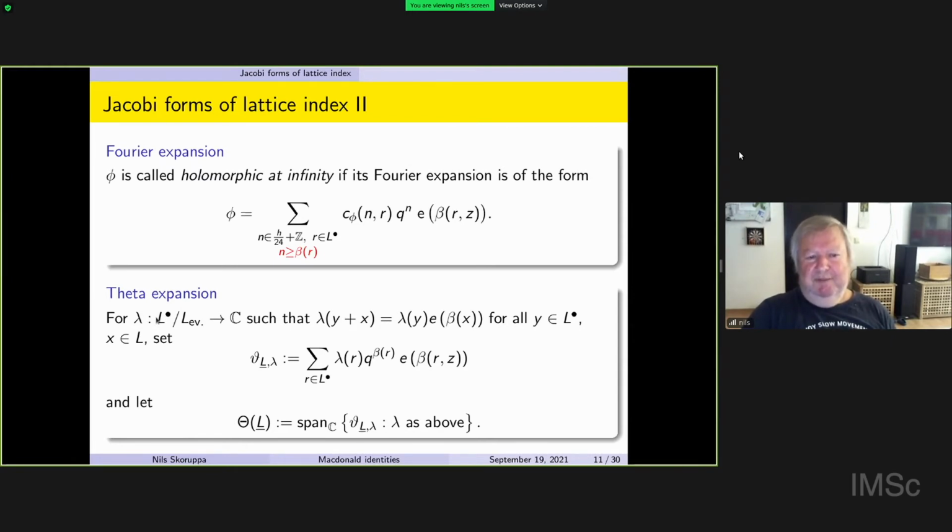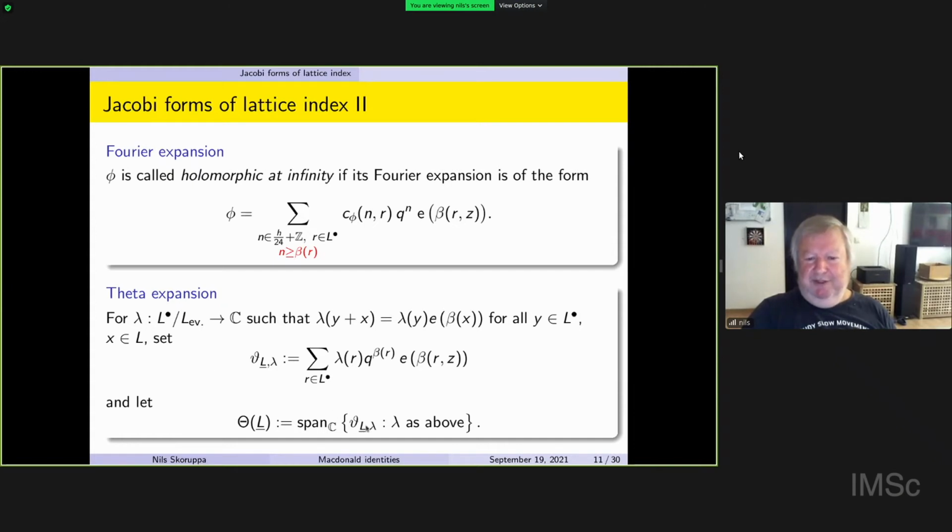So this lambda is then some map, again, on L dot mod L, which satisfies a certain condition here, which comes from this factor that we saw in the transformation formula of these Jacobi forms. And again, we define a function here. And the main point is: how many functions are there? So the dimension of the space of such functions is just the dimension of L sharp mod L, for even and odd lattice, always.